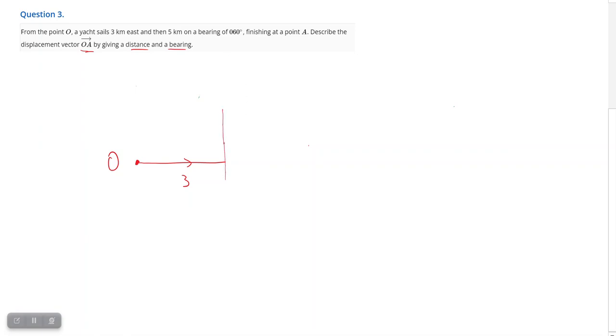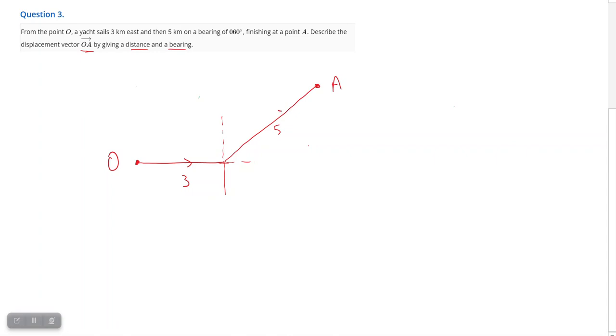I'm just going to draw a dotted line here. 60 degrees means a true bearing of 60 degrees, so it's going somewhere like this, and it's going 5 kilometers until you reach point A.